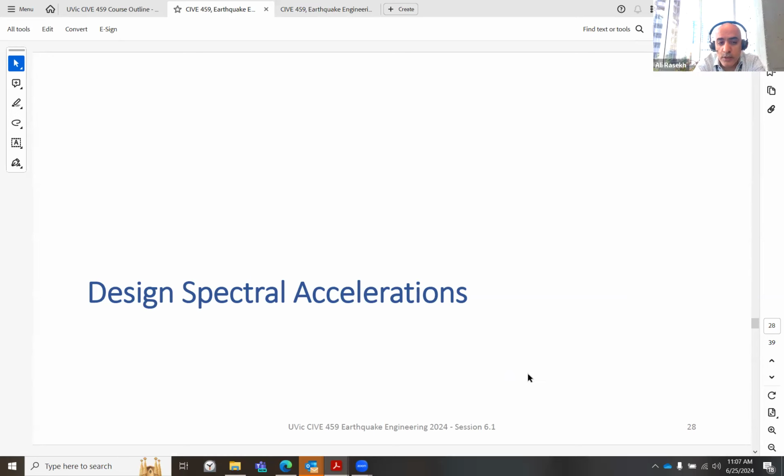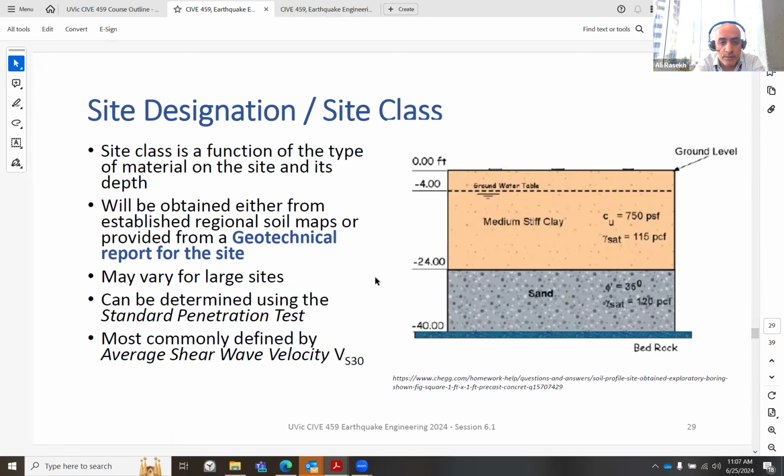We started this part, design spectral acceleration, last time, and we continue from about the same place. We started with the physical concept behind site designation or site class.